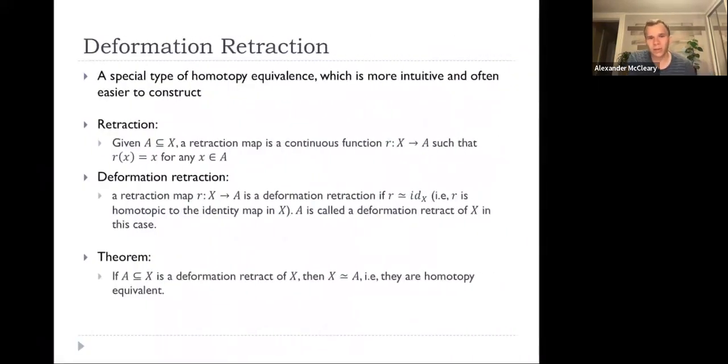Okay, so a special type of homotopy equivalence is deformation retraction. So these are stronger than normal homotopy equivalences are, but they can be quite useful. So if we have any subset of a topological space X, we can look at a retraction map on that set.